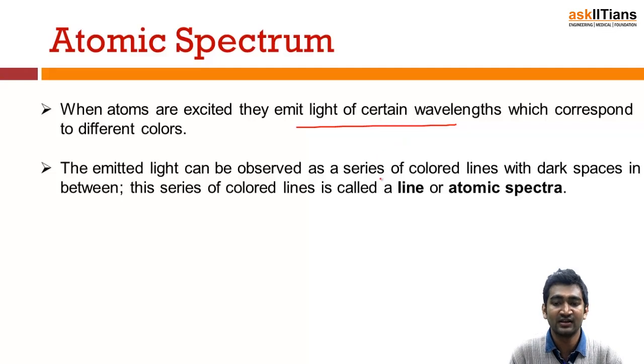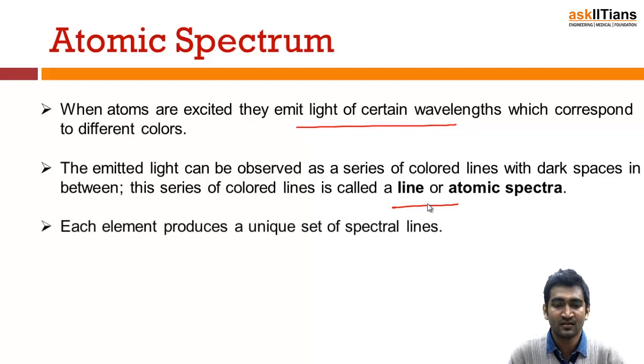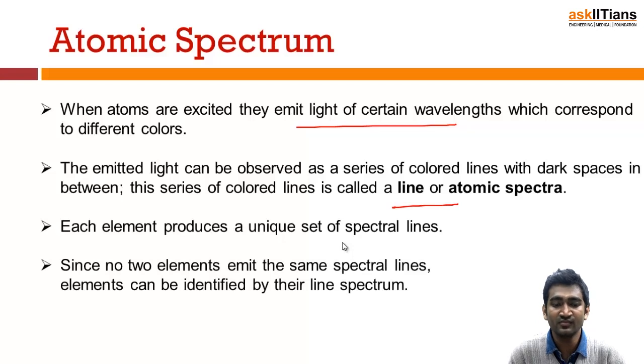In brief, there are two types, continuous and line spectrum, and dark or bright lines are also mentioned here. Obviously, these sets of spectral lines are unique. It's like fingerprinting. That's why no two elements emit the same spectral lines.